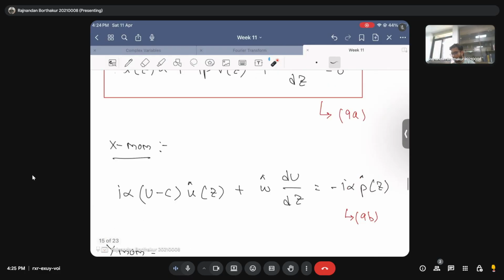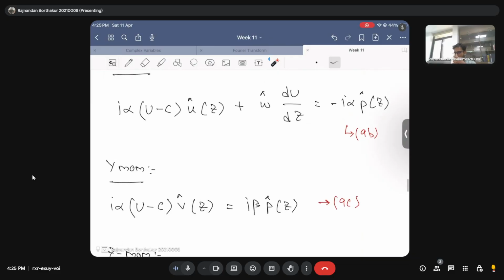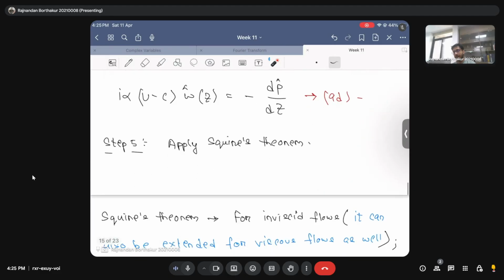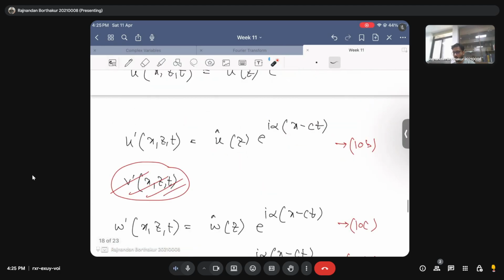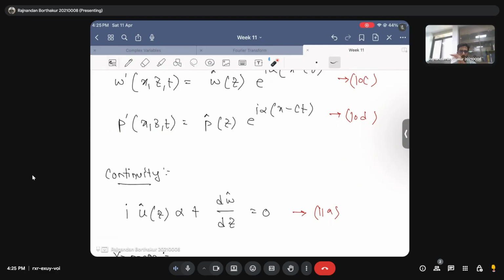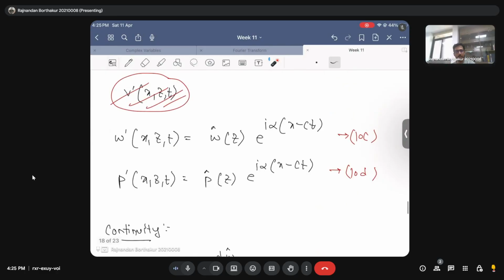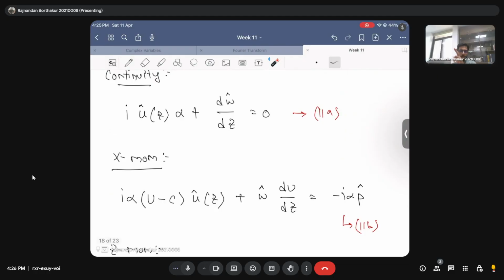Now doing that enables us to derive equations in the 2D space, for example the x and z momentum equations and a continuity equation, by using Squire's theorem. And then we also wrote the normal modes in 2D form. When we substituted these normal modes in 2D form, we saw that the two velocity functions u hat and w hat can be reduced, or the problem can be recast into a problem involving the stream function, because it's a 2D problem.